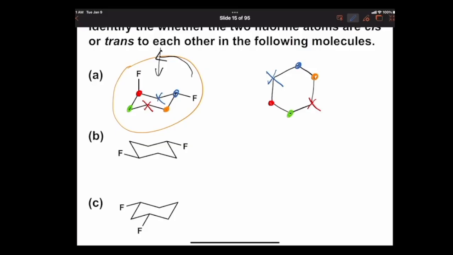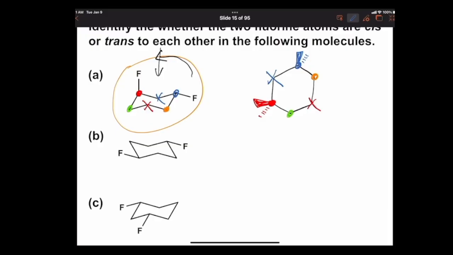Okay, so I know I need to put something on this red circle right here, and I have two choices. In this perspective, I'm going to have what should be a wedge position, and I'm going to have a dash. Just like on my blue one, I'm going to have a wedge and a dash. I may not know what goes on those positions, but I know there has to at least be one of each. It's an sp3 center, it's tetrahedral.